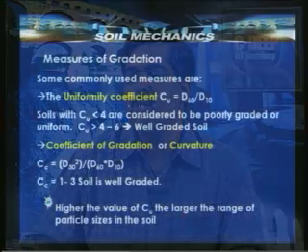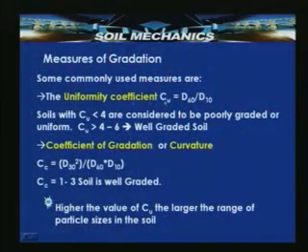Some commonly used measures are the uniformity coefficient. The uniformity coefficient Cu is defined as the ratio of D60 by D10. If the value of Cu is less than 4, the soil is considered to be poorly graded or uniformly graded. When Cu is greater than 4 to 6, it is understood as a well graded soil.